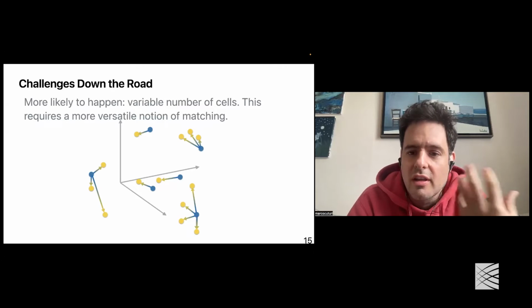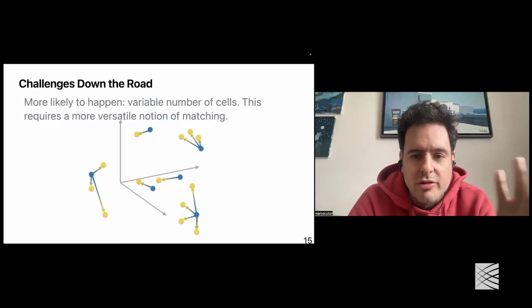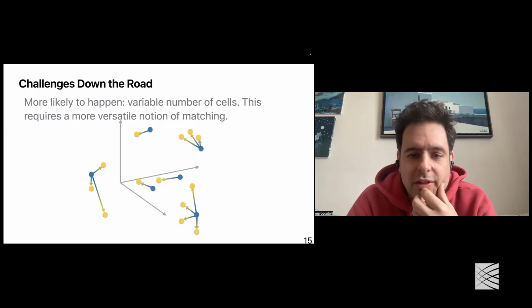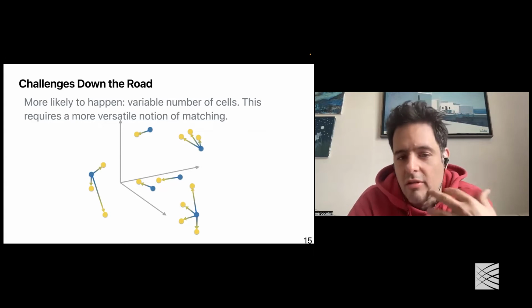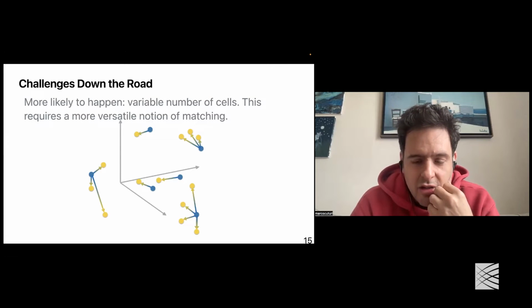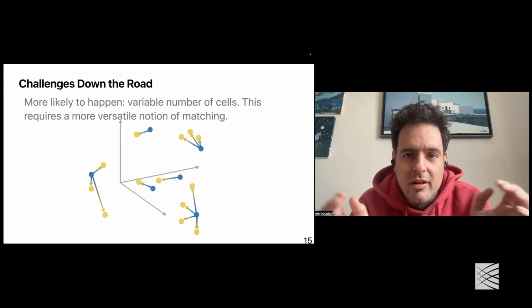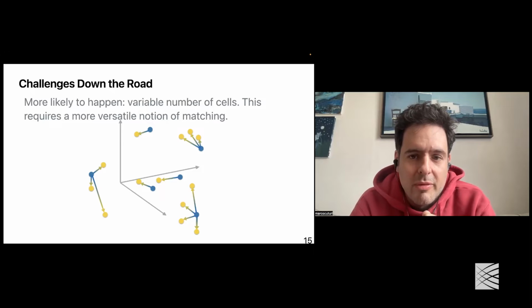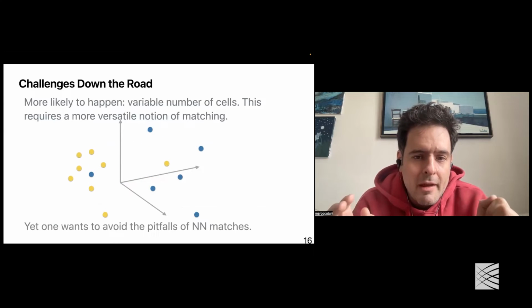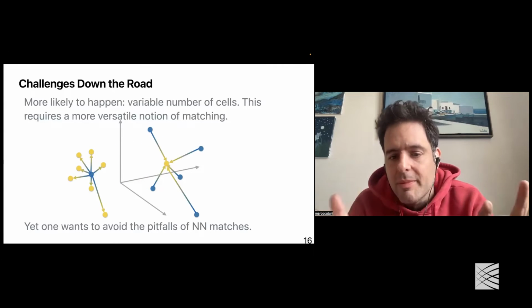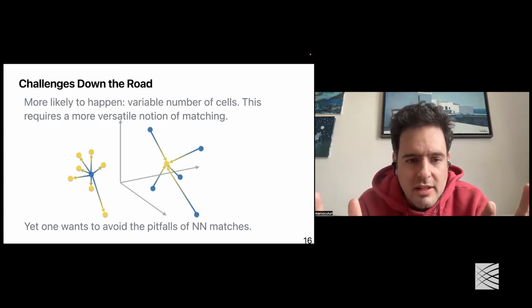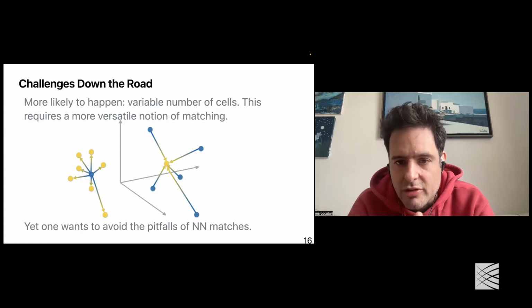For instance, any blue point would be assigned to the closest yellow points, and vice versa. I'm trying to give you a sense of the spectrum of where optimal transport theory is going to lie. The problem with nearest neighbor assignments, and this is very well documented, is that we will potentially have a lot of imbalance.